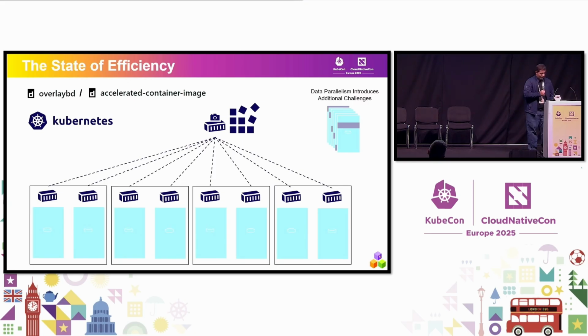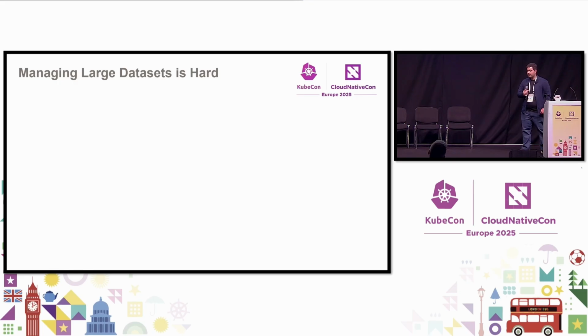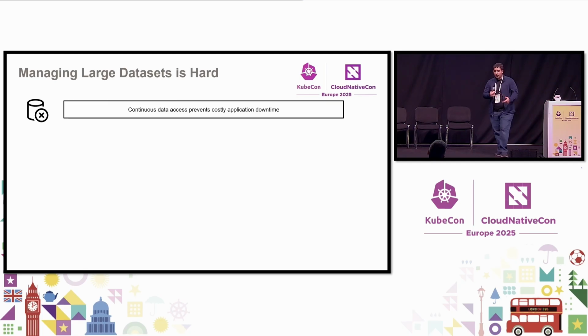This presents a number of challenges. The first of which is we need to be able to have data that can be accessible all the time. So if we don't have continuous data access, we're going to end up paying a lot of money for GPUs that are not in use. We're going to be unable to actually load all the data when we need it, as we need it.